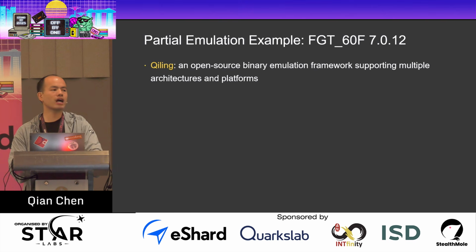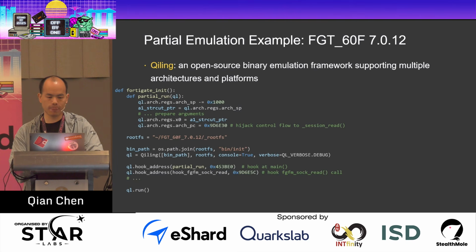Let's examine how to implement partial emulation in practice. We'll start with the Qiling framework. While we ultimately didn't use this approach, understanding this example helps illustrate the partial emulation process.